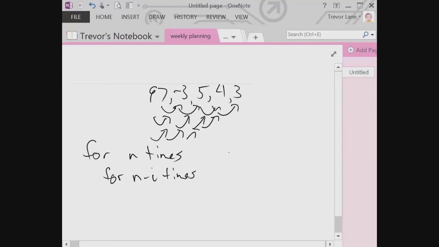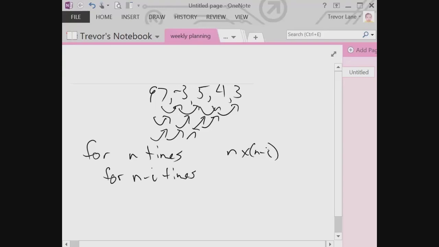So we know we have n comparisons or n steps for the outer loop, and we're going to multiply this because for every outer loop we do the entire inner loop completely. So it's going to be a multiplication. So we're going to have really n times n minus i.